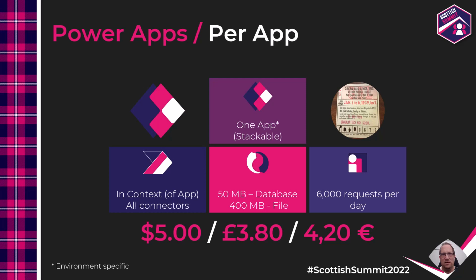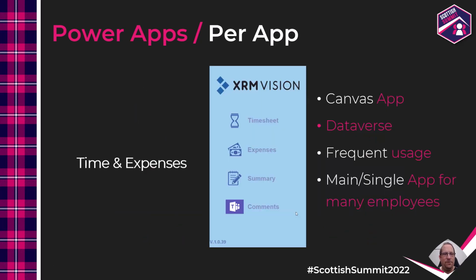In terms of capacity, you'll get 50 megabytes of database space allocated and 400 megabytes of file space. As for the requests, keep in mind in the concepts we cover the request limits, what they are about. Here you would get 6,000 requests per day. Good example of a per app subscription where it may fit.